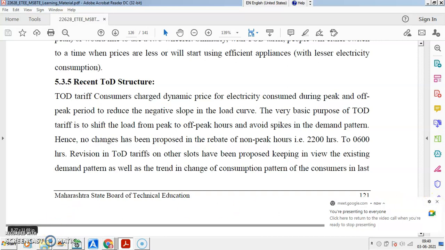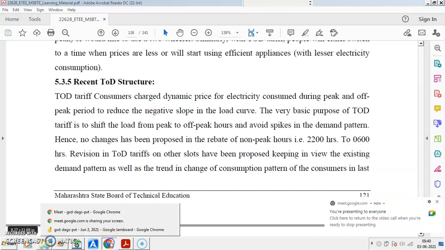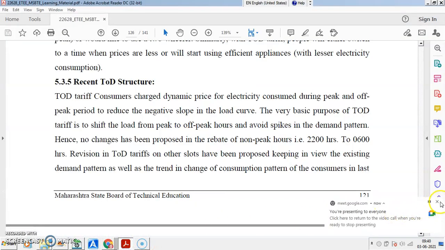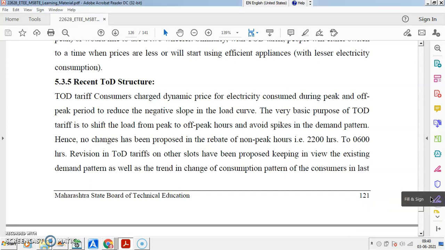By using the TOD tariff, definitely you will shift the maximum demand or load to the off-peak period. The consumer will also be satisfied because he is getting energy at lower cost, and the system people also benefit because the jam over the system is decreased.